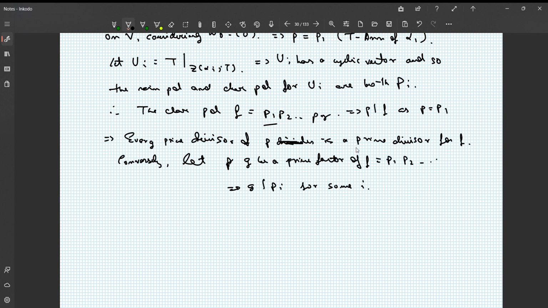Because f is of the form P1, P2 till Pk. But if G divides any of the Pi's, then G divides P1, which is equal to P, because recall the property we had, Pi plus 1 divides Pi. So if G divides any of the polynomials Pi, it will divide P1, and P1 was exactly the minimal polynomial. So G divides P, so G is a prime factor of P as well, right? Is it clear?